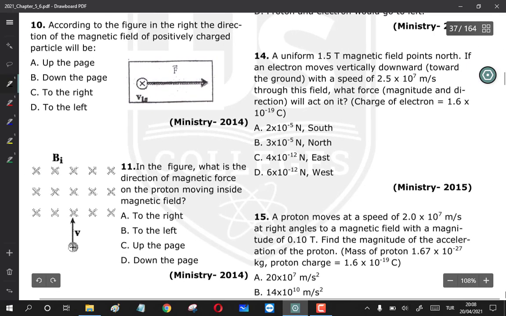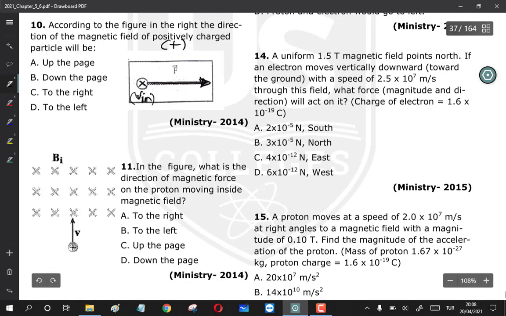Question number 10. According to the figure on the right, the direction of the magnetic field of a positively charged particle will be? The force is given to the right, as you see. Velocity is into the page. This cross is representing the velocity, written here as V in. Because the charge is positive, your palm must show in the direction of the force.